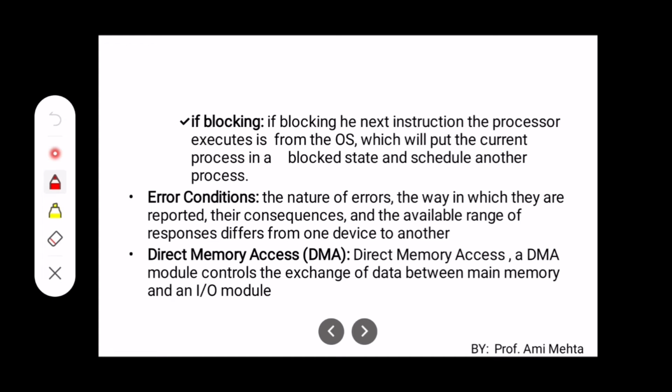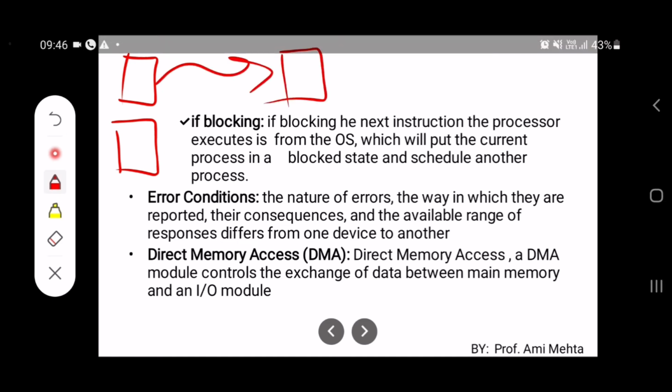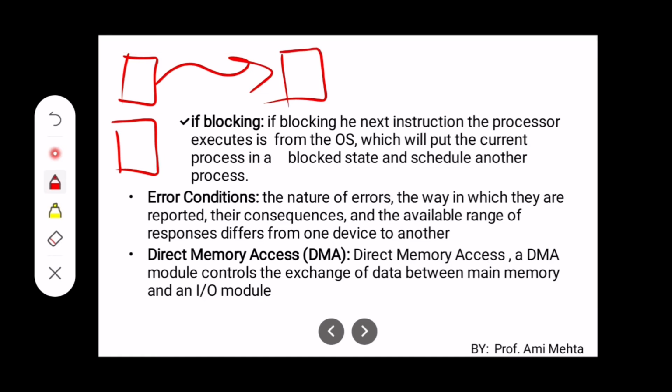Now, if it is not non-blocking, it is blocking. If blocking, the next instruction the processor executes is from the OS, which will put the current process in a blocked state and schedule another process. So process A and process B are in the ready state. Process A is in the running state, the CPU takes its turn and executes the process's input output command.